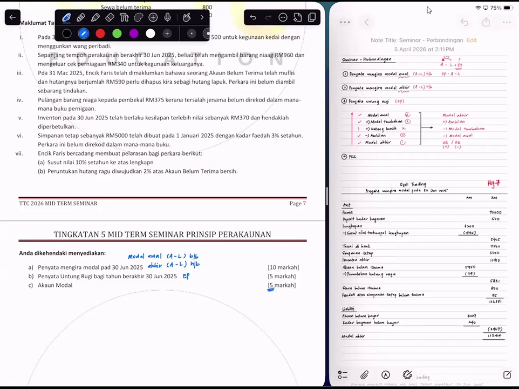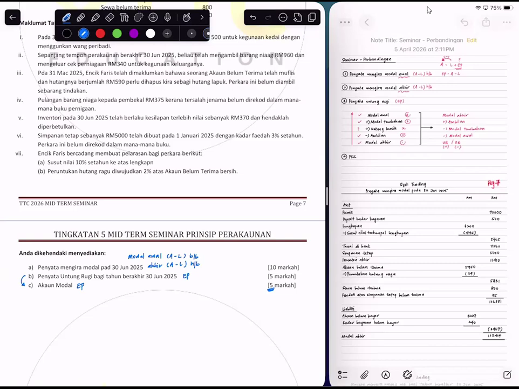How is it possible for us to record modal tambahan and straight away get 5 marks? Cannot be, right? So what we need to do is we treat the account modal as something like an all-EP account. And when you recorded the EP earlier, in part B, which is the penyata untung rugi, we need to record whatever was recorded in your penyata untung rugi there, and put it into account modal only for this question, not for perkongsian. Don't get confused.